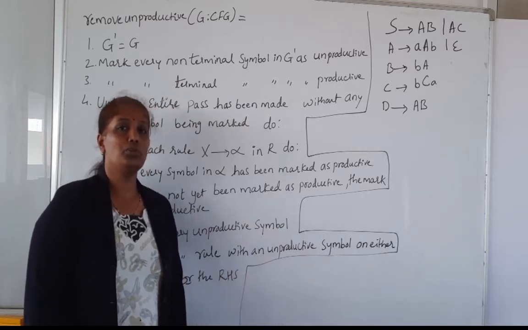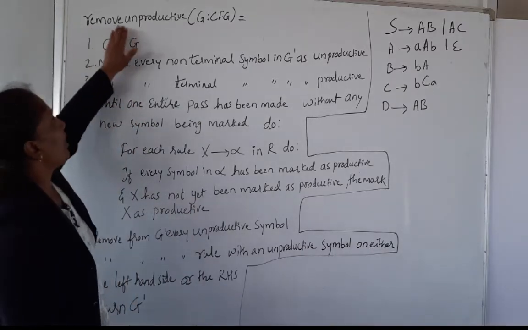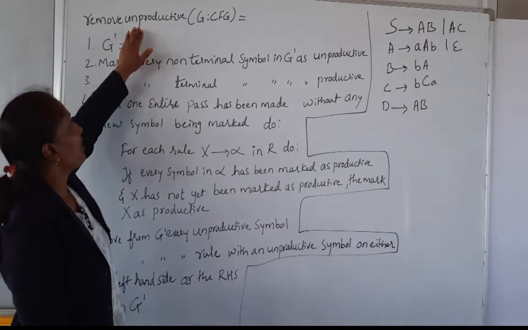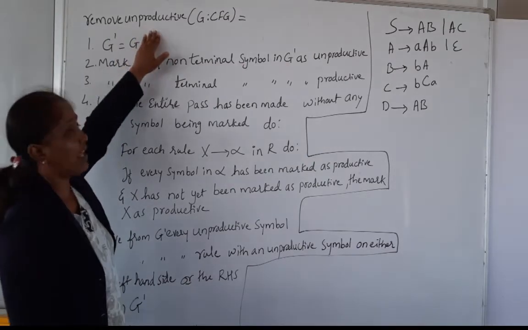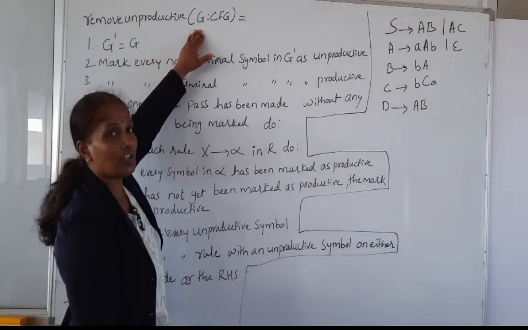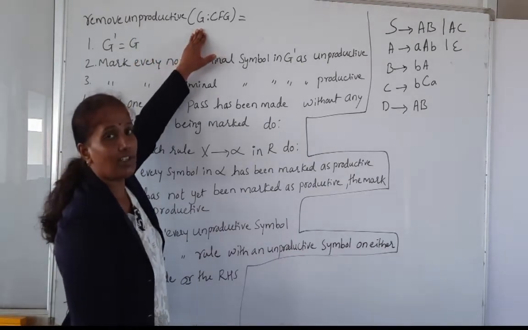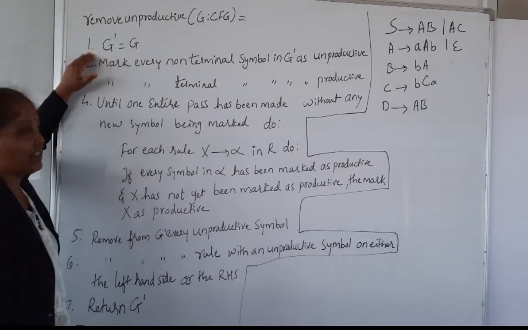For that we are going to use an algorithm called remove unproductive. Here we are marking the productive symbols by using this algorithm. What is the argument for this algorithm? The grammar, that is a context-free grammar, is the argument for this algorithm. Next, what is the first step in the algorithm?